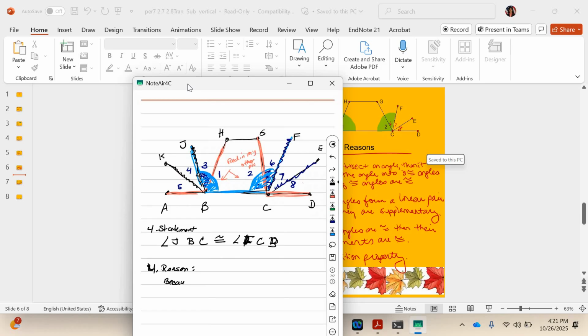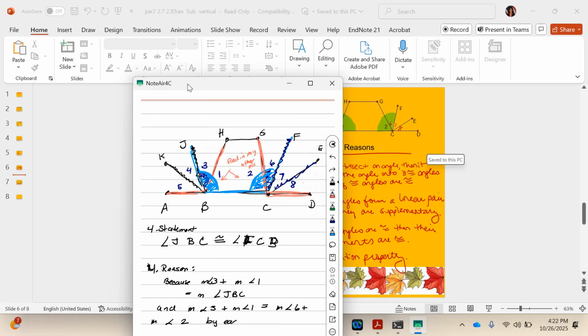Because the measure of angle 3 plus the measure of angle 1 is equal to the measure of angle JBC, sorry, I'm not used to writing all these angles. And the measure of angle 3 plus the measure of angle 1 is really the same thing as the measure of angle 6 plus the measure of angle 2. Showed it in pieces by earlier steps.